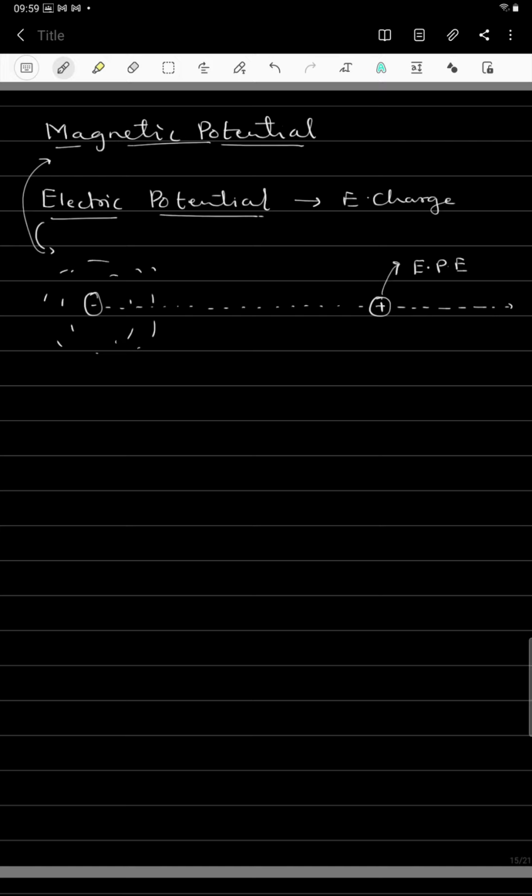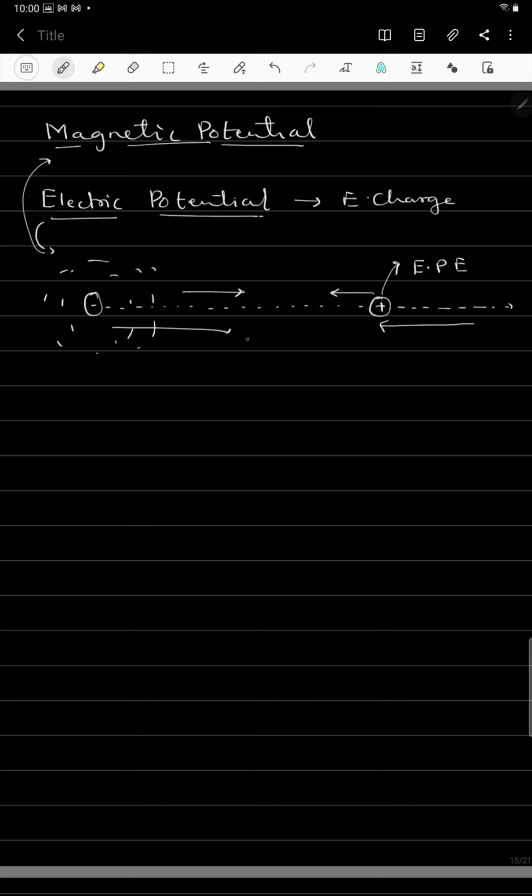Electric potential at a point in an electric field is defined as the work done in moving a unit positive test charge from infinity to the point against the electrostatic force. So you are doing the work against this electrostatic force, in the electric field of the source charge, irrespective of the path followed.